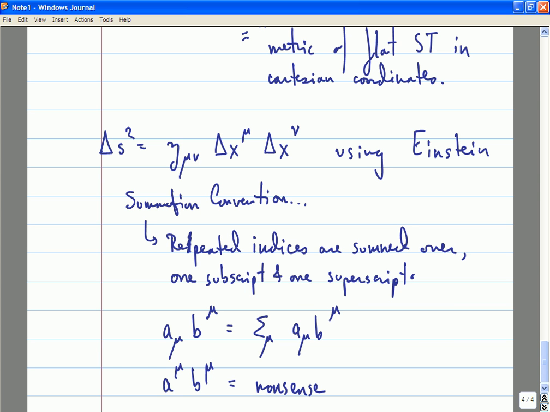So at this point, the demand that we only have one index as a subscript and one as a superscript is simply an irrational demand that I am making on you. But within a week or so, it should become extremely obvious why this is a supremely intelligent thing to do. Yes, question?